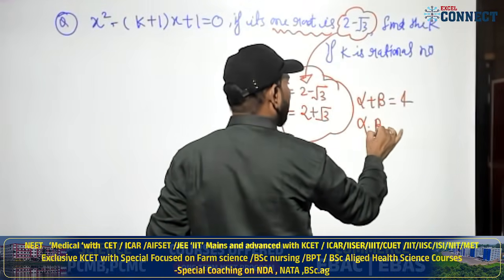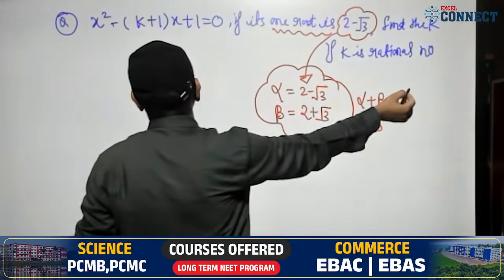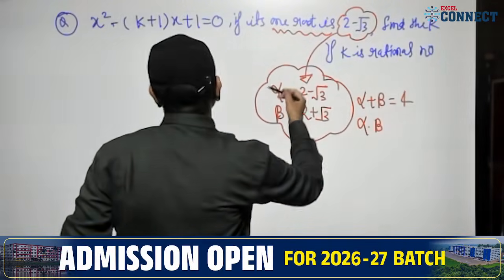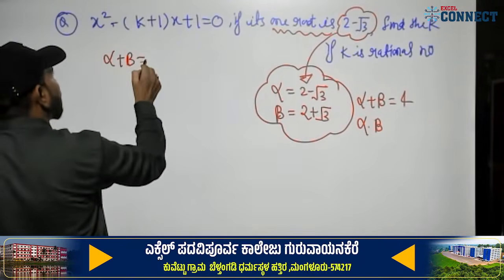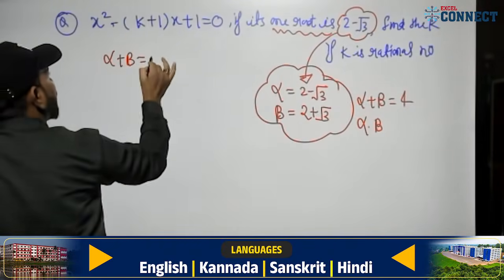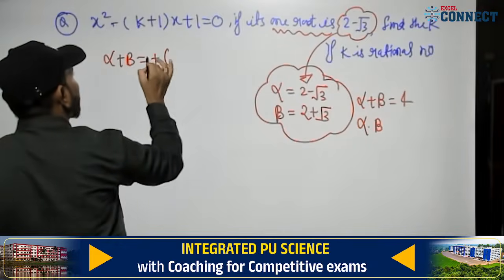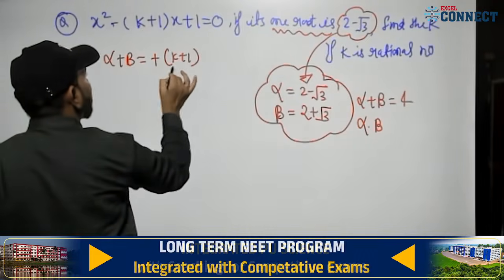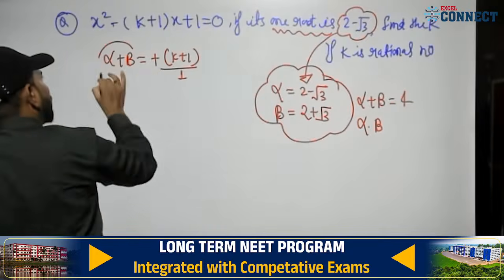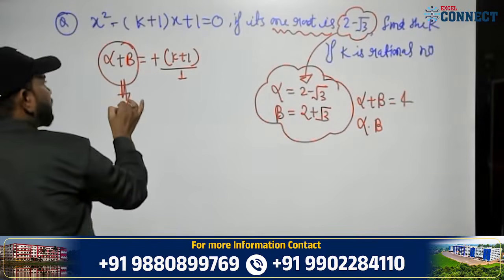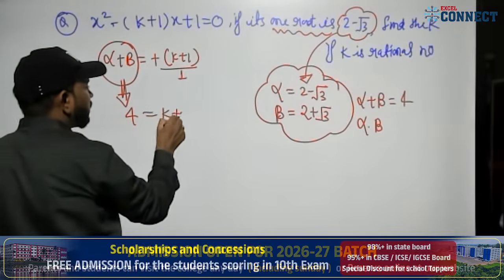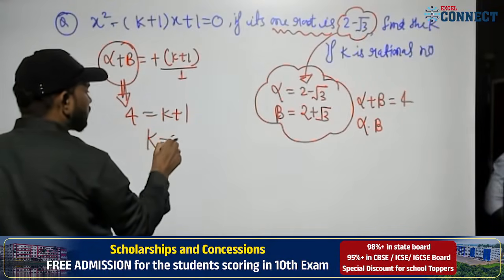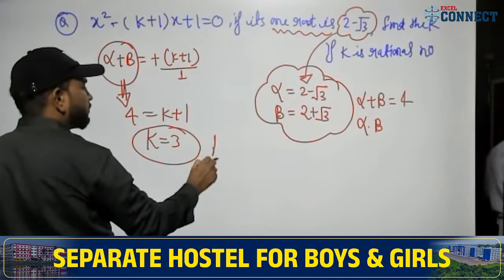Alpha into beta is not required, I think. So the summation is minus of minus, that is plus, k plus 1 divided by 1. The summation is 4, so 4 is equal to k plus 1, and k is equal to 3.